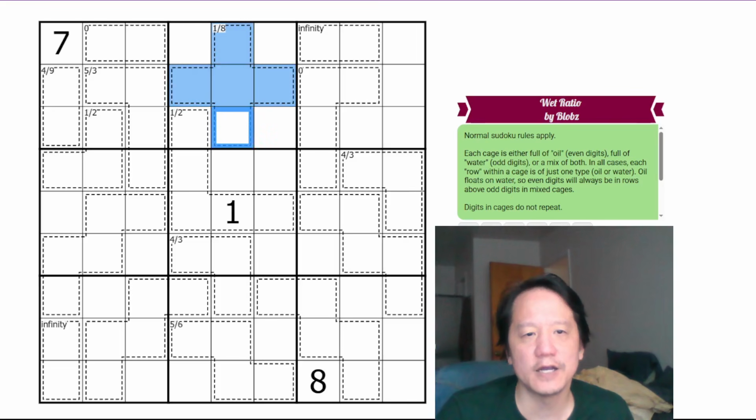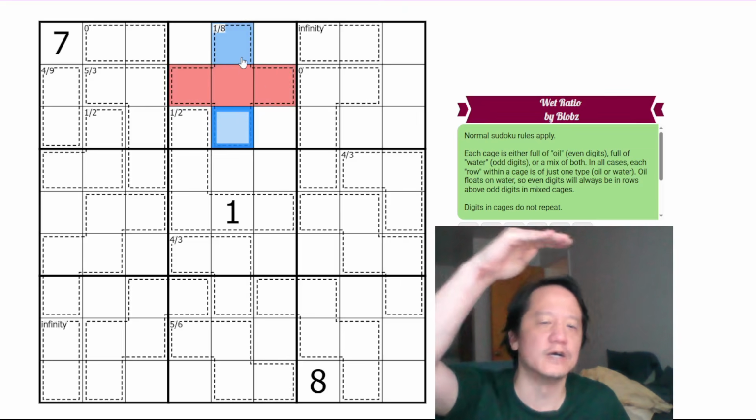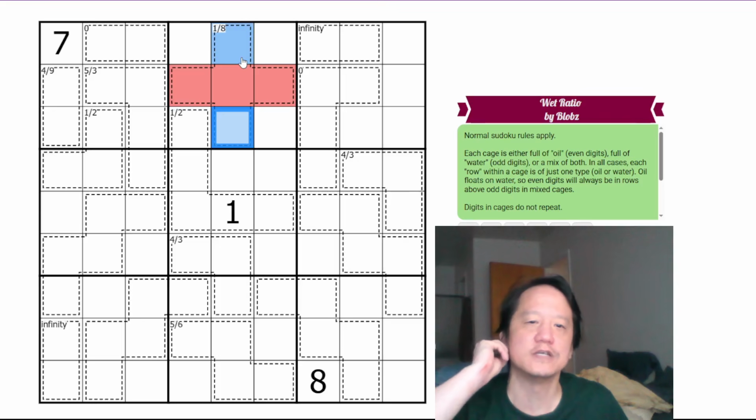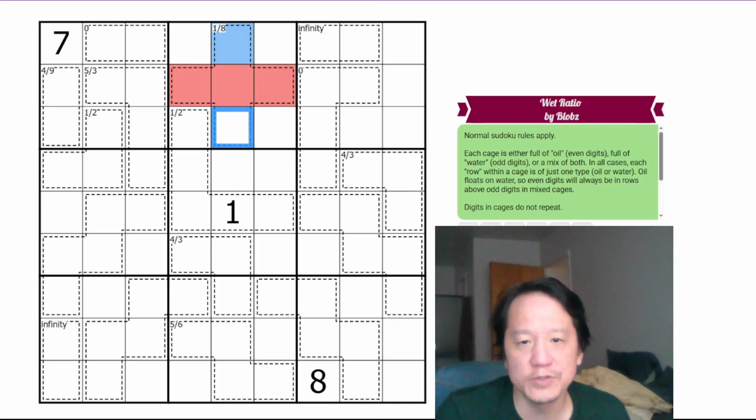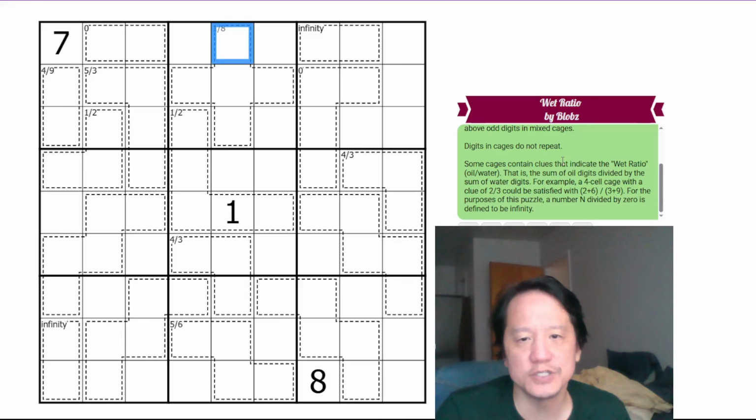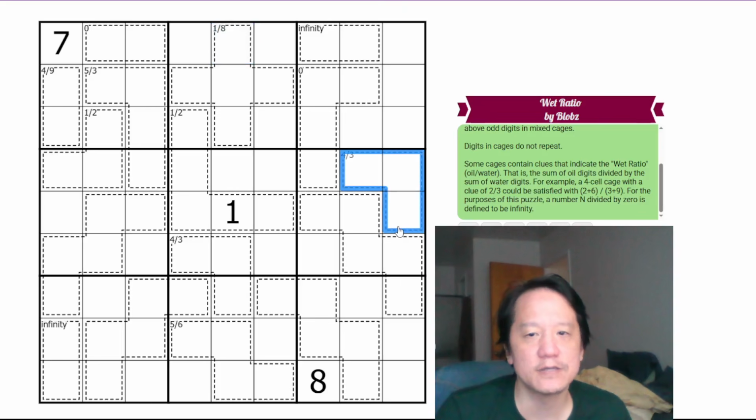You also cannot have something like this, where you have even, odd, and even, because all the even digits must be above the odd digits as rows. So that's not allowed.